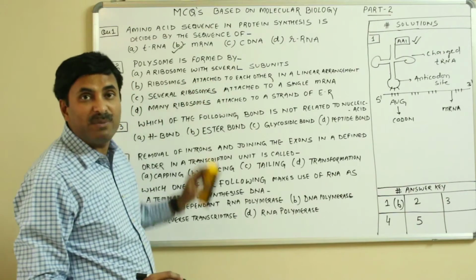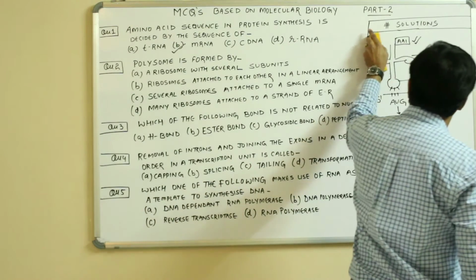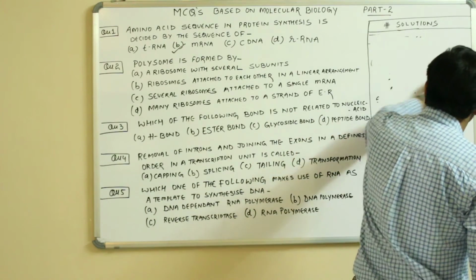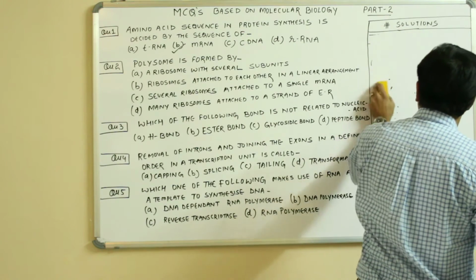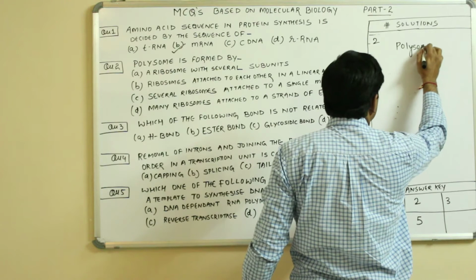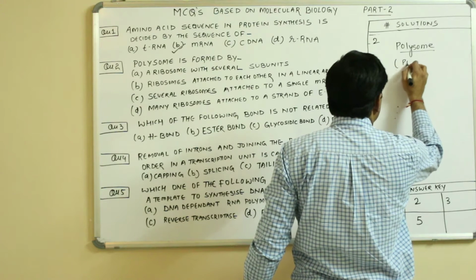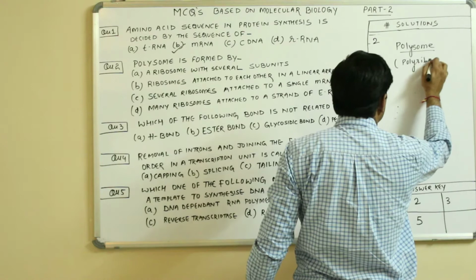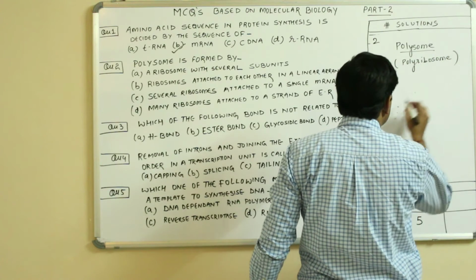Now, polysome is formed by... very first you must know what a polysome is. Polysome is also called polyribosome. And how is a polyribosome formed?